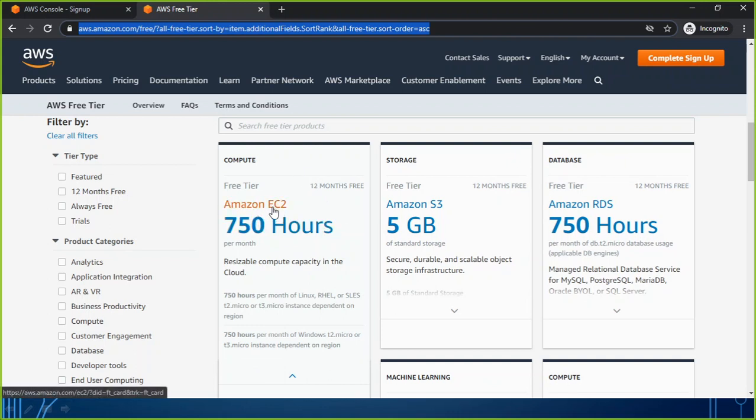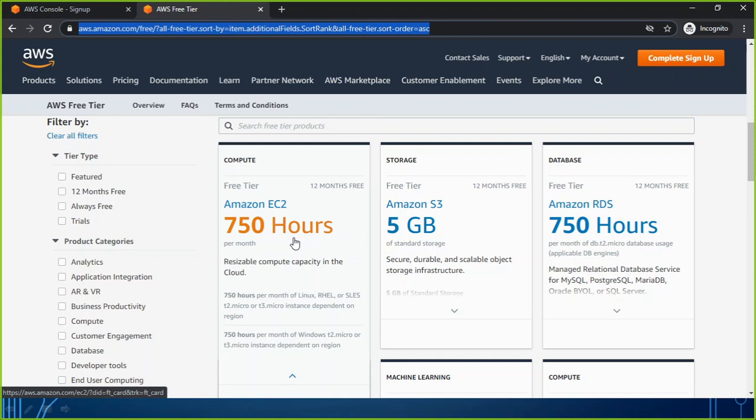Amazon EC2 is a service offered to you for how long? 12 months free. So you have this EC2 service free for 1 year from the date when you signed up. And even though it is valid for 12 months, there is a limitation: per month you will only be able to run that EC2 for 750 hours.